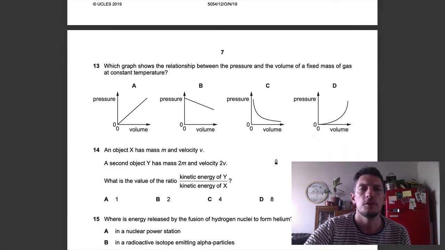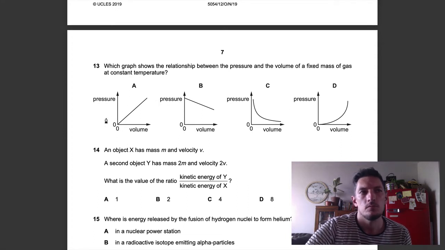Which graph shows the relationship between the pressure and volume of a fixed mass of gas at constant temperature? So, the thing about it is, as you make the volume greater, what's going to happen to the pressure inside of a chamber?